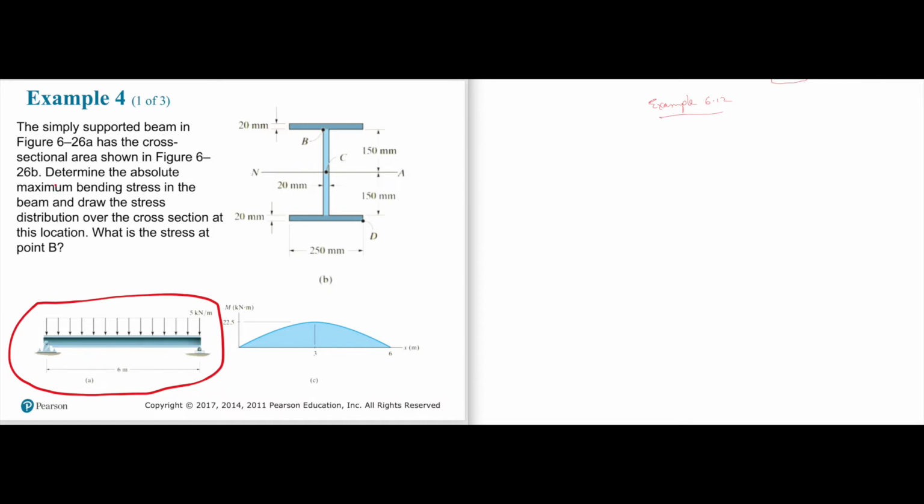The question is, determine the absolute maximum bending stress in the beam. Draw the stress distribution over the cross section. What is the stress at point B? So there are three questions: question number 1, question number 2, question number 3.